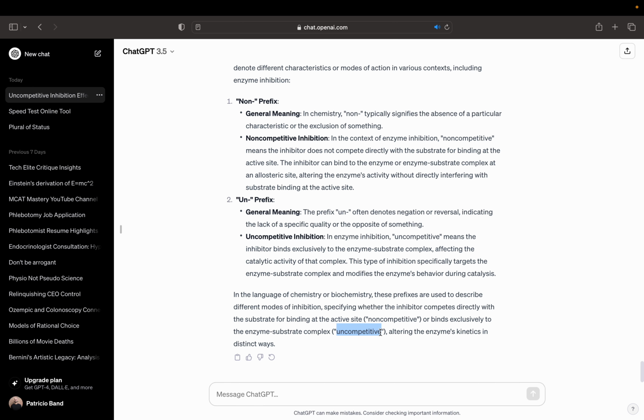So non-competitive means absence. The non means absence, exclusion of something, particular characteristic.